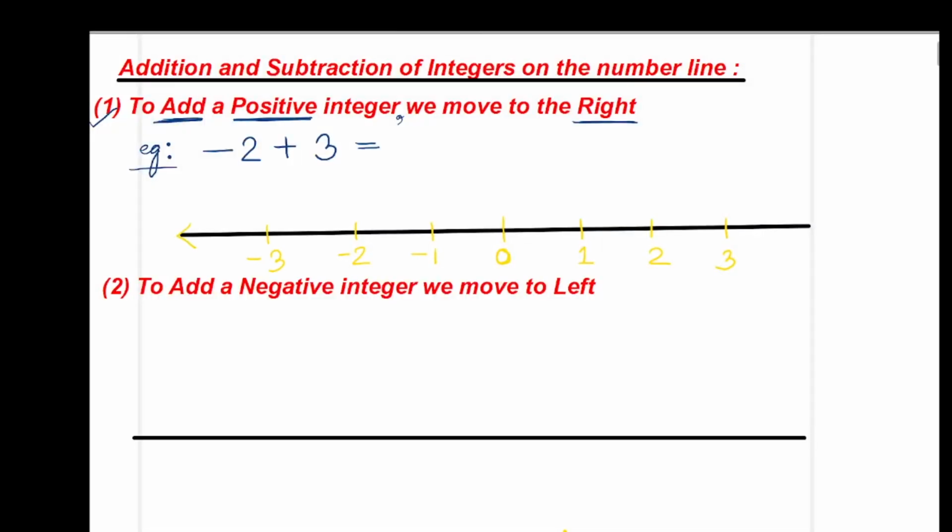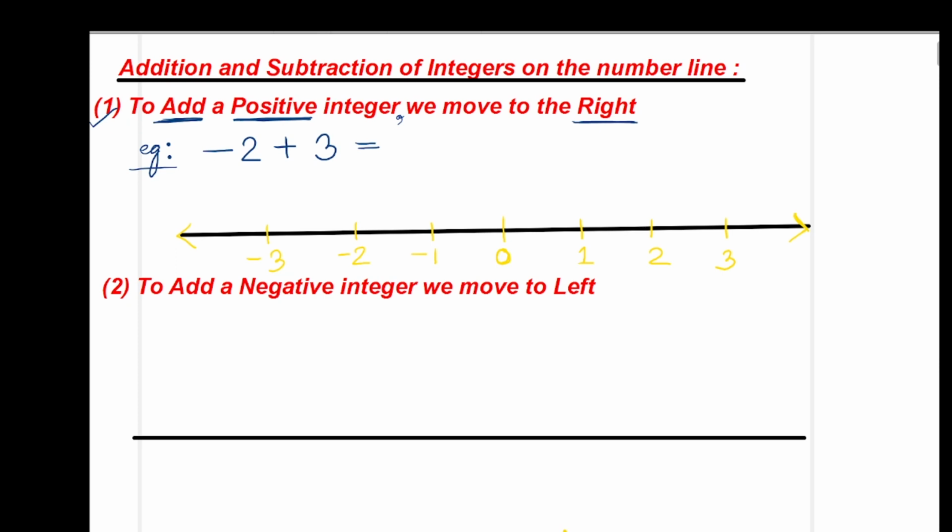We have to give the arrow mark, because the number line is never ending on both sides, so we cannot stop. And one more thing: when you write the numbers, maintain the same distance. Whatever distance you have taken from minus 1 to 0, take the same distance between every number.